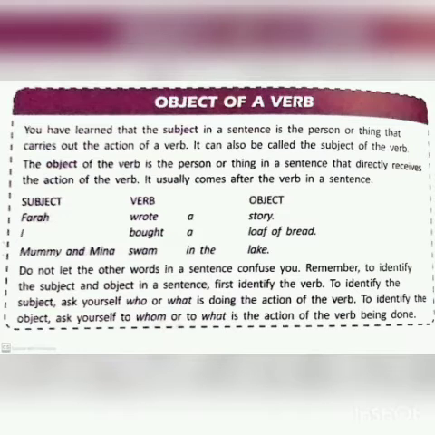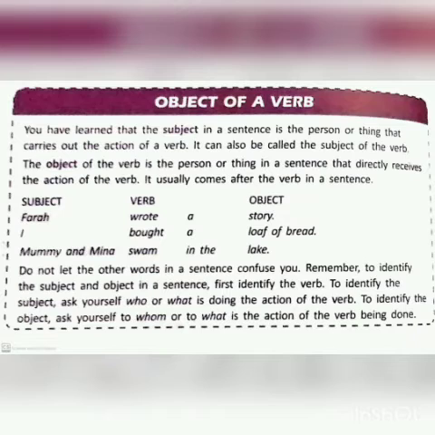Subject means the person or thing which does the action. The object means that person or thing in the sentence that is receiving the action of the verb. The action is done by the subject and it is received by the object. So it is written after the verb. For example, Farah wrote a story.